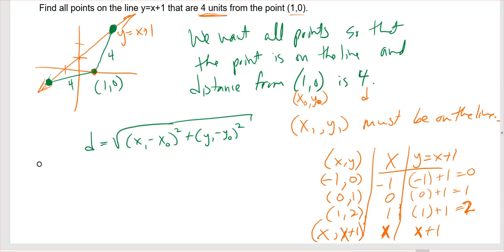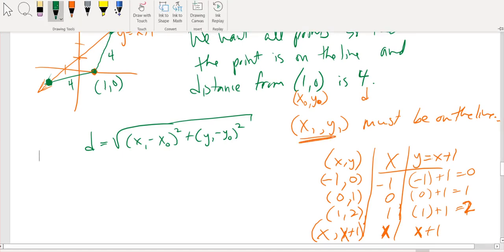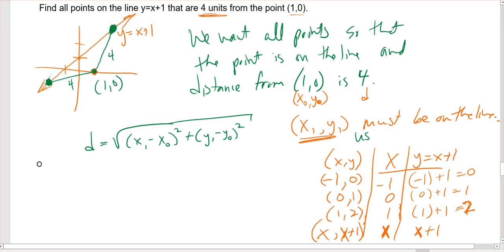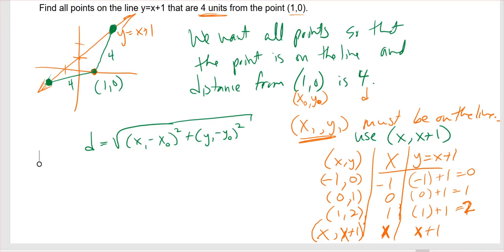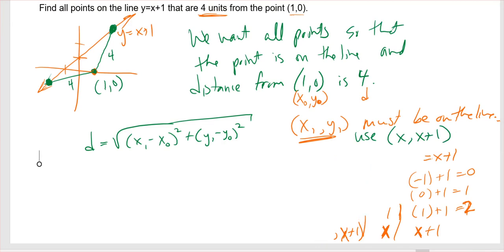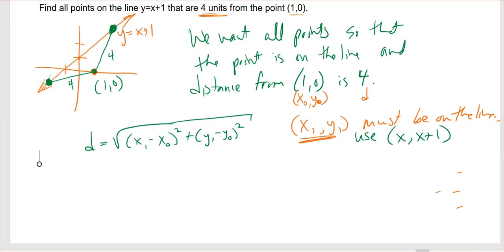So if this point is on the line, then we're going to use the point (x, x plus 1). Okay, good. So now we have an ordered pair that we can use in our beautiful little formula. We're just going to call these coordinates x sub 1, y sub 1 in the formula.